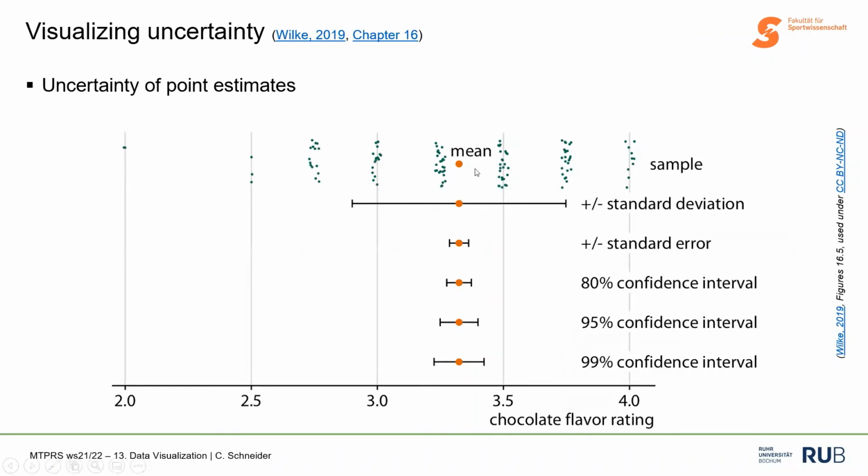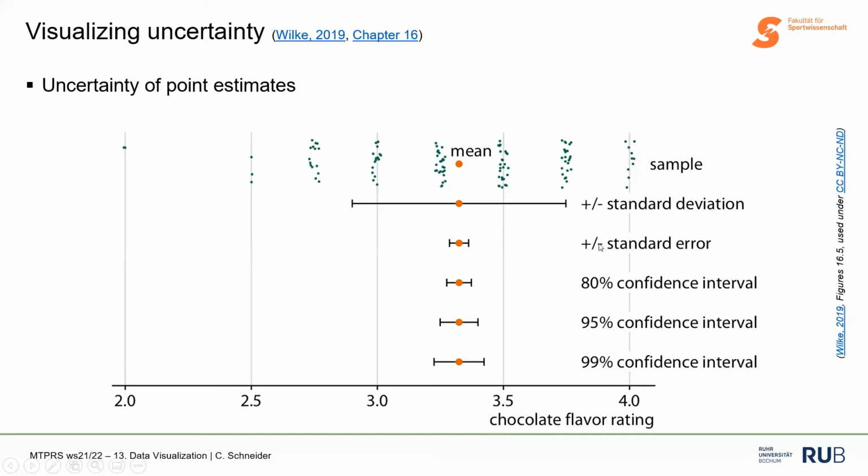So for example, in the upper figure, the dots display a different sample. The big red dot is the average of the entire sample. Looking at the spread of the data, the visualization of the standard deviation would look like this, so very large variability between data points.